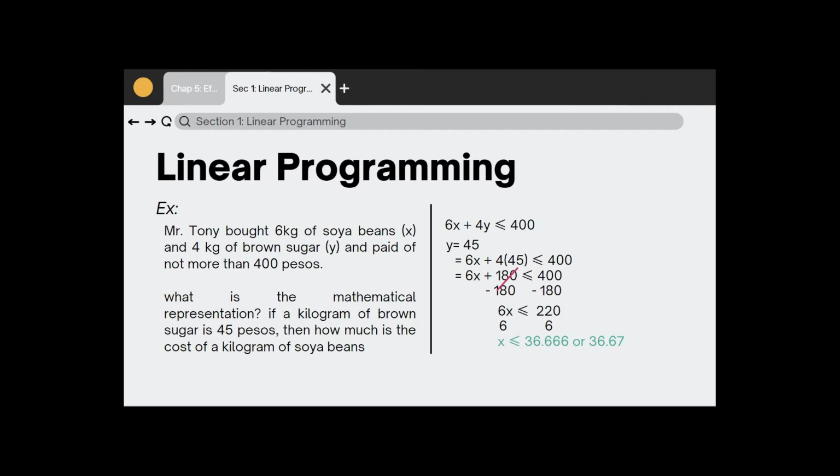Just copy the inequality we have. So 6x + 4 × 45 ≤ 400. After that, we will subtract 180 from both sides. So it will be 6x ≤ 220.